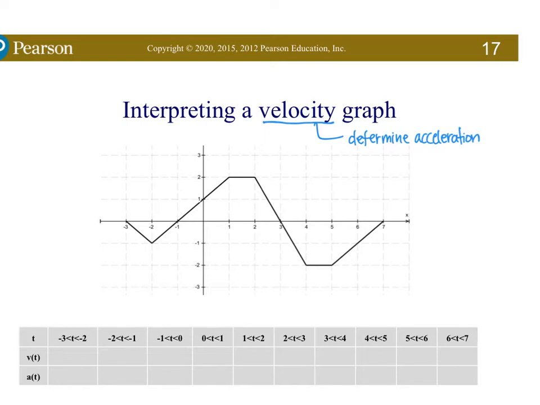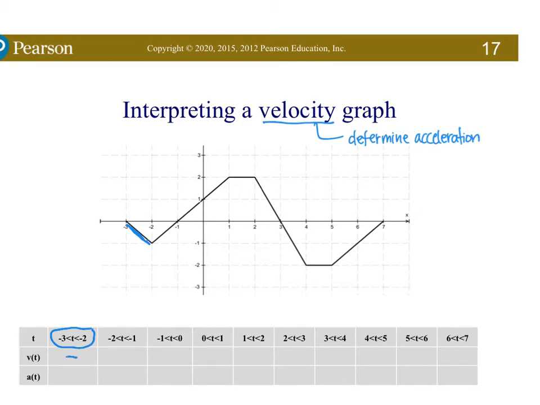When you're looking at a velocity graph itself, the first thing you want to do with the intervals is, for velocity, you just want to put whether it's above or below the x-axis. And so from -3 to -2 here, my section of the graph is below the x-axis, so I'm going to put a negative.